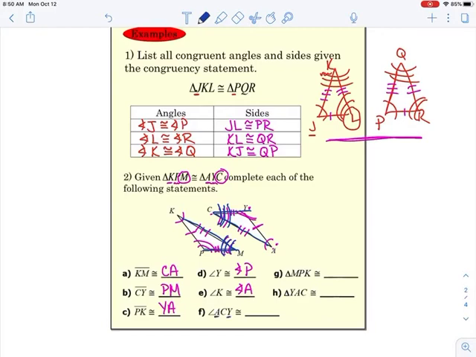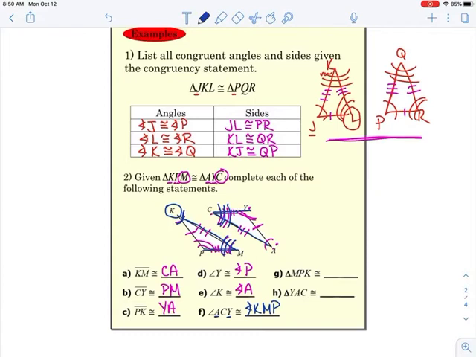A and Y. A had the one hash mark going through it. So on the other side, when I start to write my letters of my angle, I'm going to start with the 1 hash mark. That has the 1 hash mark, so that's going to be angle KMP.